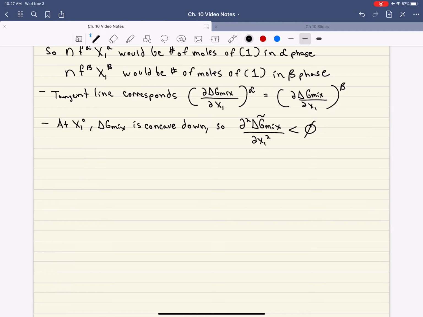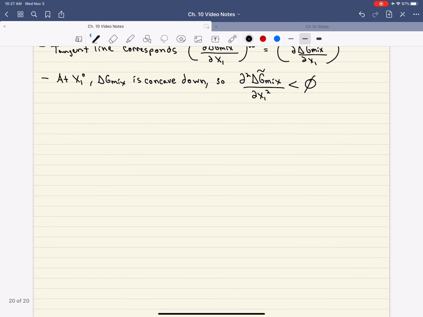Okay? All right, and so based on those ideas, we can use those criteria to find x1 alpha and x1 beta. Right.